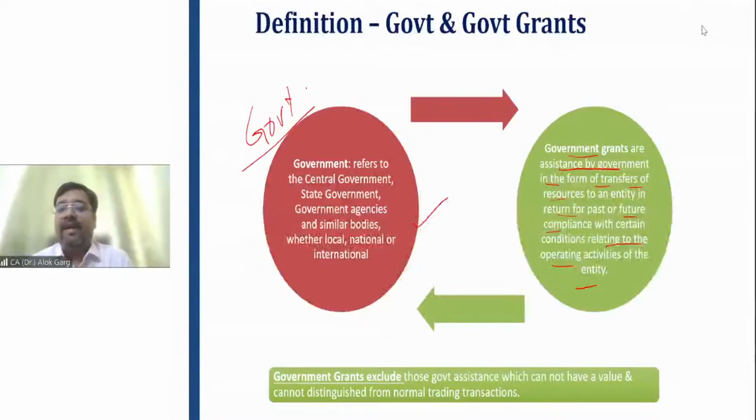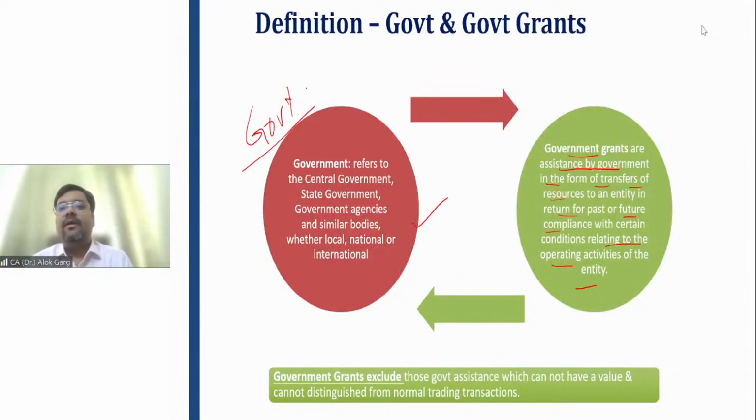So government is transferring resources of 50 lakh to the entity. Why? In return for installing a plant in the rural area, so that there will be some economic welfare, some economic upbringing, right? And what is the condition? The condition is to install a plant in the rural area, which is relating to the operating activities of the entity.